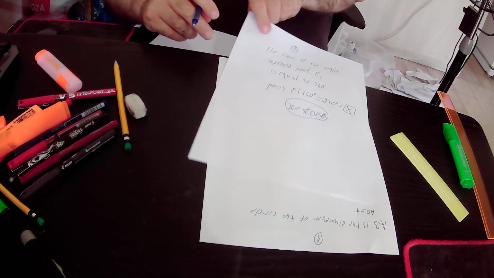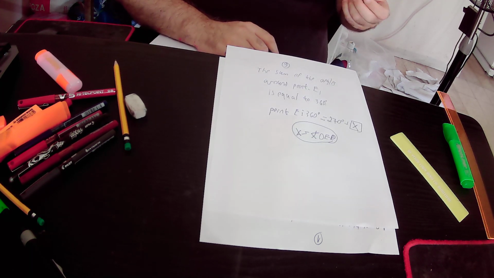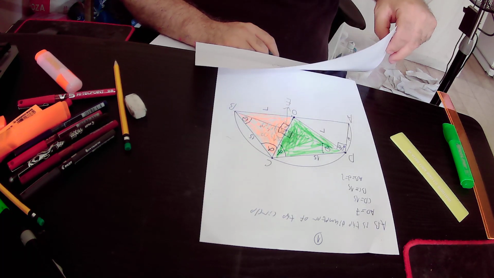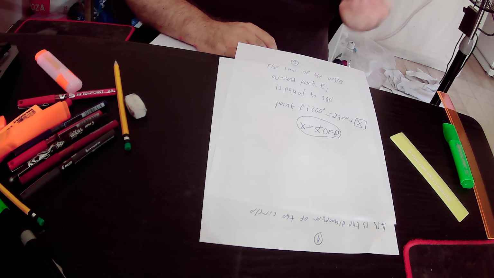So 270 degrees, that is the sum of the 3 right angles, plus the value of angle X, that is actually angle OED. So 270 degrees plus the size of angle X equals 360 degrees.